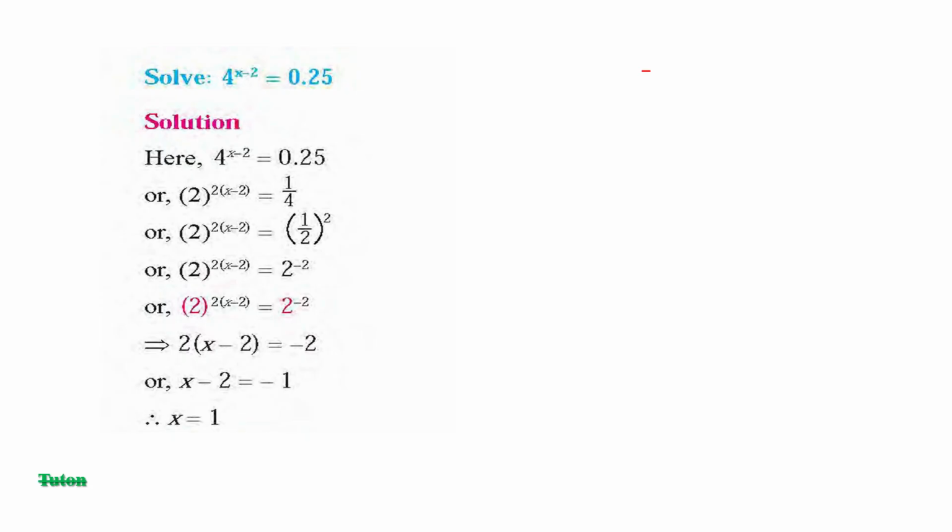On the left hand side we have the term 4 to the power x minus 2. We similarly have to convert this into something that has the base value of 2 as well. To make it easier to equate the left hand side and right hand side terms, we convert the terms so that they have the same base value, which is 2 in this case.